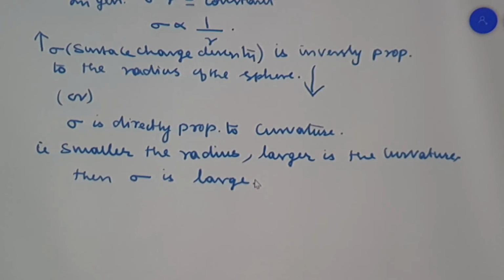This concept we are calling distribution of charges in a conductor. Based on this, we are going to study a concept called action of points, or corona discharge. That we shall see in our next video.